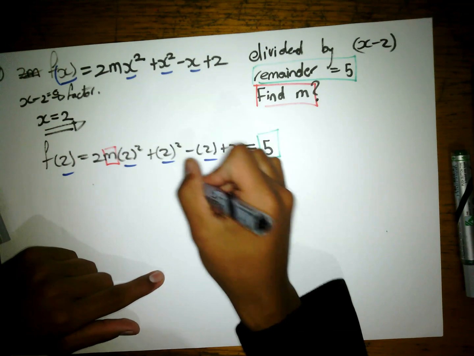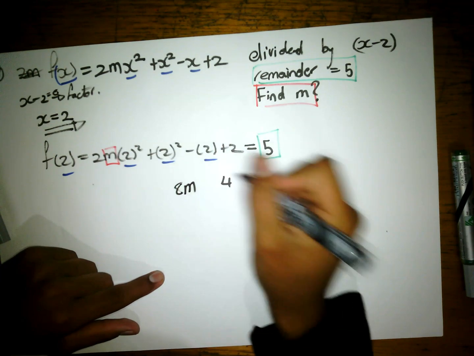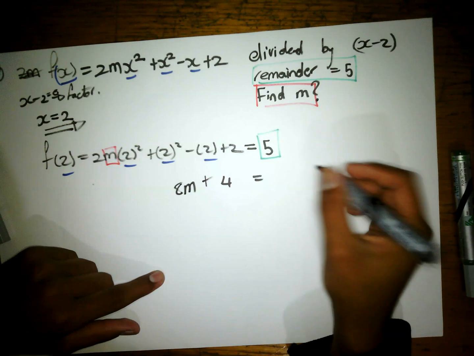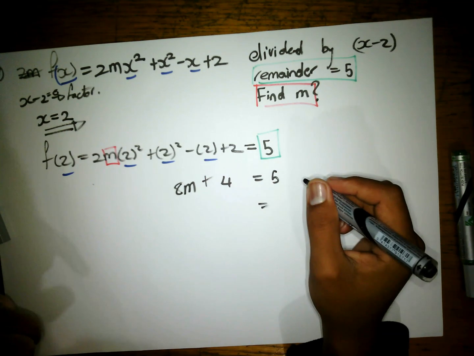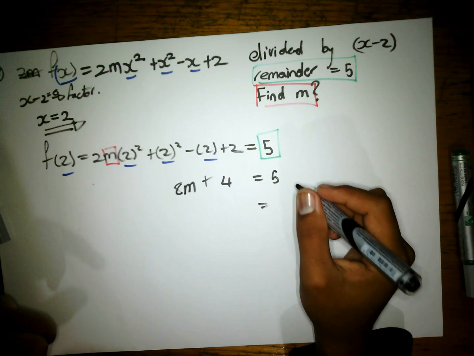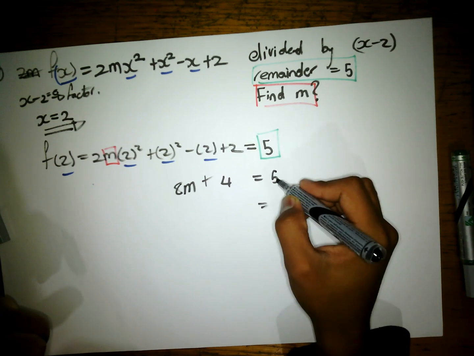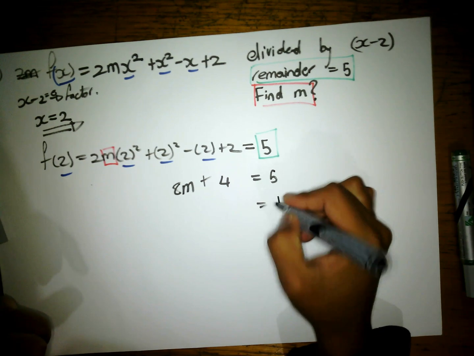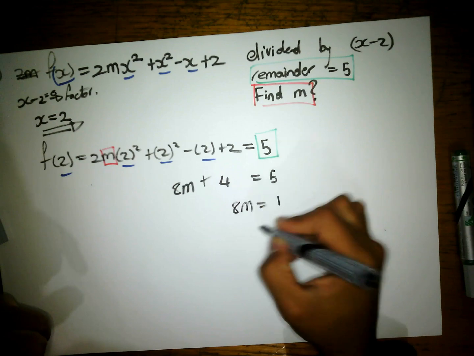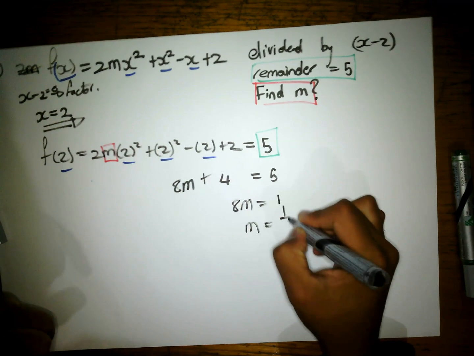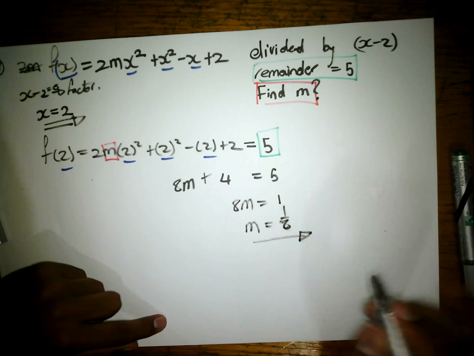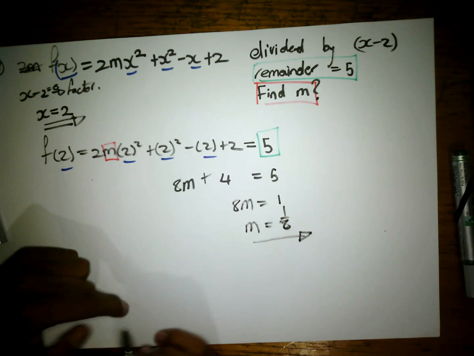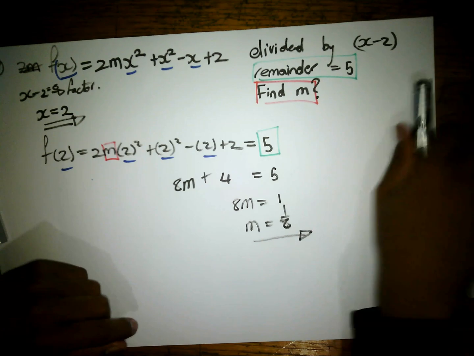Okay, that is 8m plus 5. But then we're gonna say this 4 goes over. That is a 1. 8m. M equals 1 over 8. Very simple. Very, very simple.